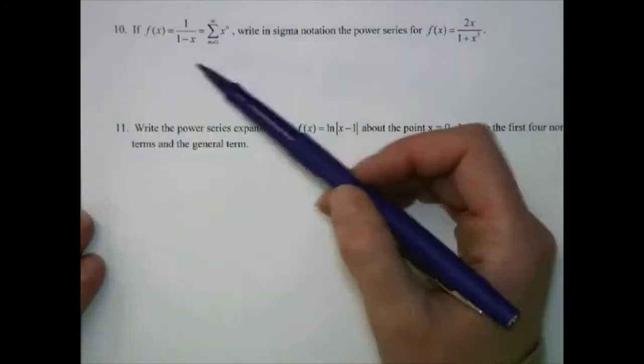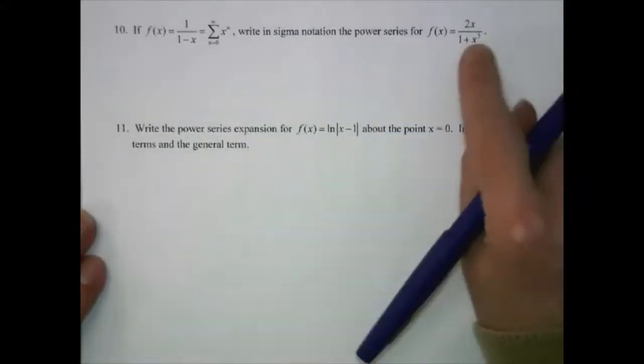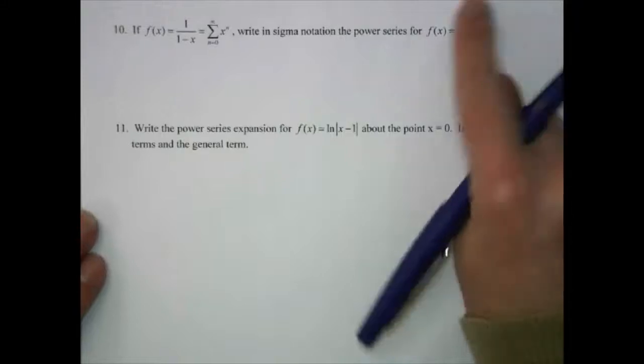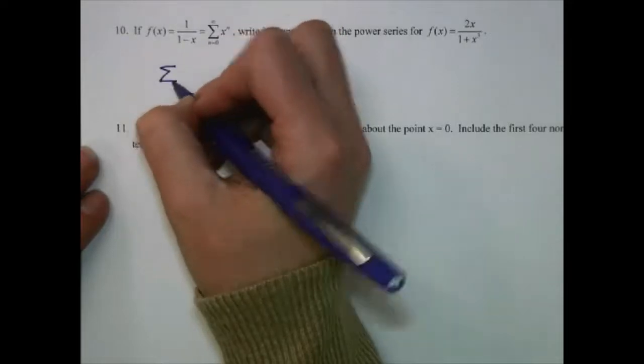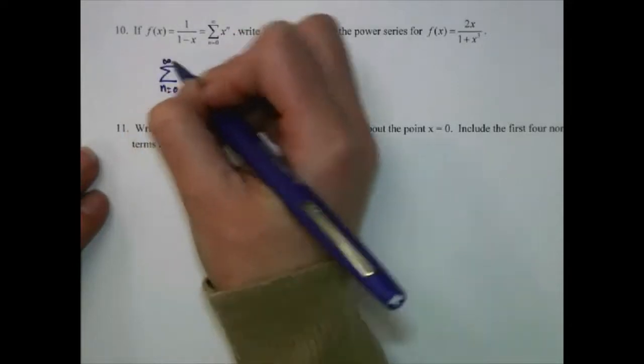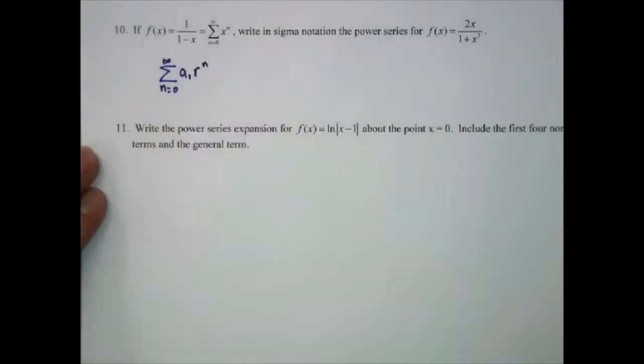Okay, so if f of x is 1 over 1 minus x, which is the sum of x to the n, so just our basic power function, write this one in sigma notation. Well, in sigma notation, there's a couple different ways to do it, but a geometric series can be rewritten as a1 times r to the n.